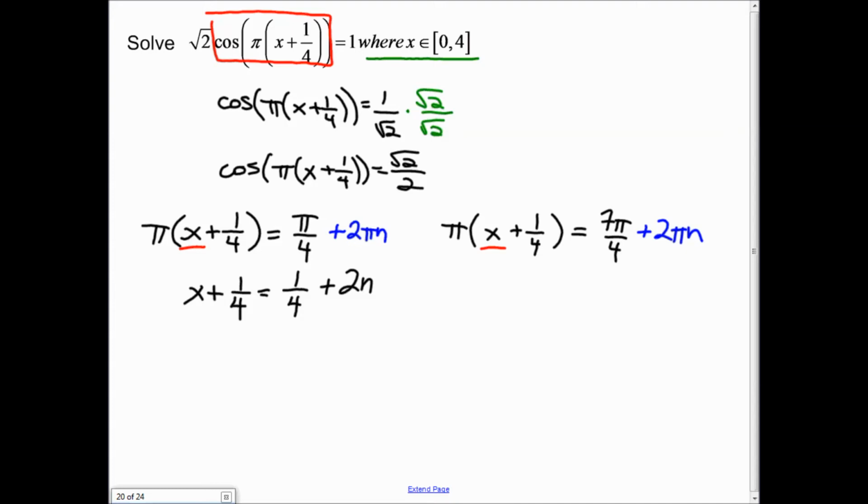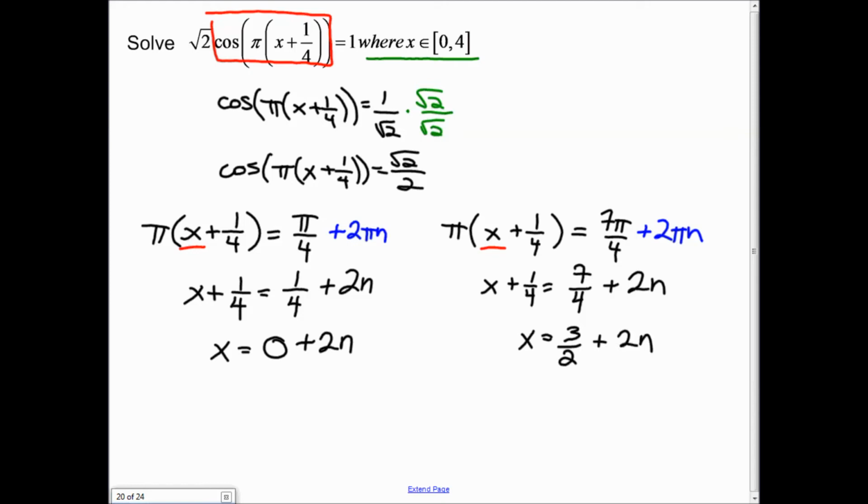So here we will have that x is equal to 0 plus 2n, effectively leaving us just with 2n. And we'll do the same thing for the other equation. We'll find that x plus 1/4 is equal to 7 over 4 plus 2n. And when we subtract 1/4 from both sides, we find that x is equal to 6 over 4, which is the same thing as 3 over 2 plus 2n.